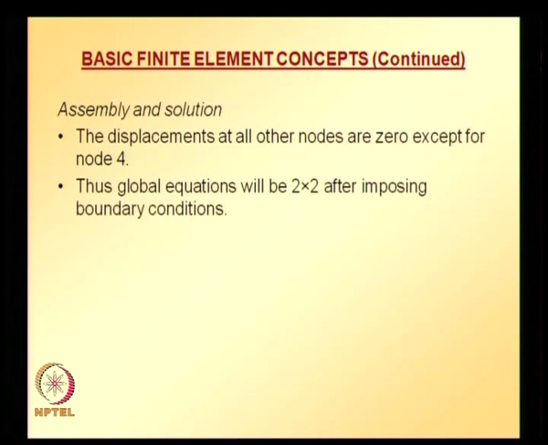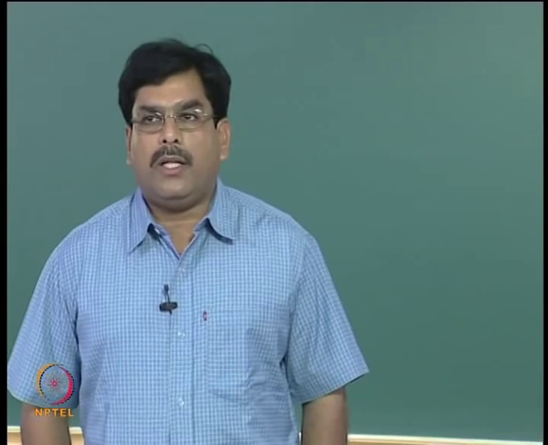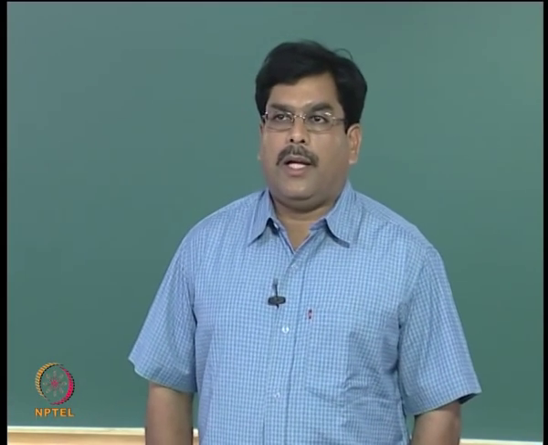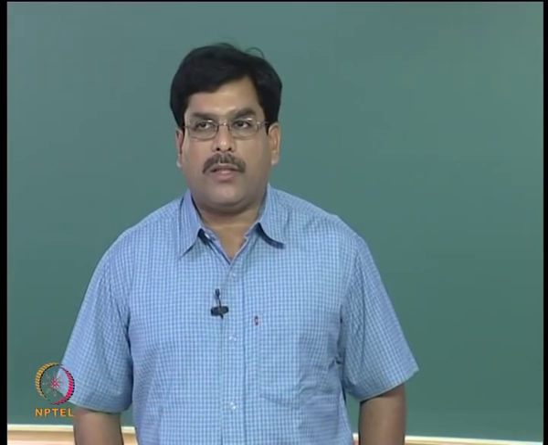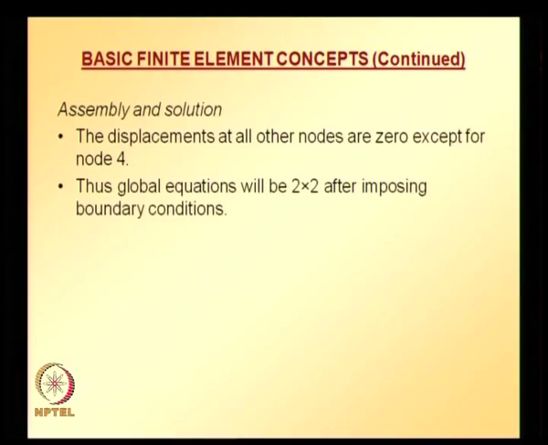So, the final global equation system or global stiffness matrix will be of dimension 8 by 8, but instead of assembling the entire global stiffness matrix of 8 by 8, we can directly assemble the reduced global stiffness matrix by deleting rows and columns corresponding to the nodes at which displacements are 0. Here, for node 1, node 2, node 3, all degrees of freedom are fixed. So, the corresponding rows and columns can be avoided.